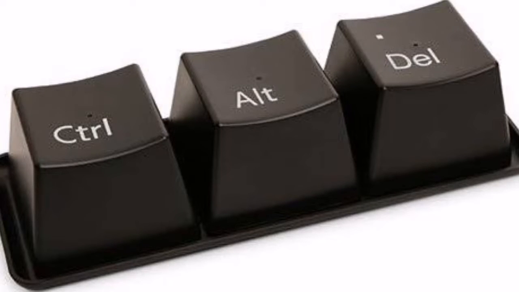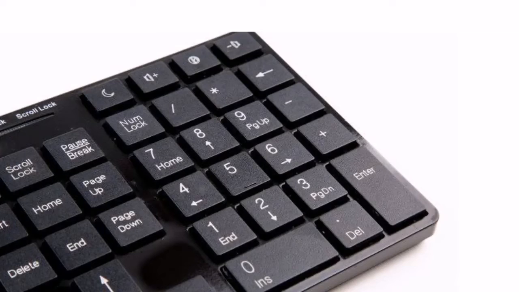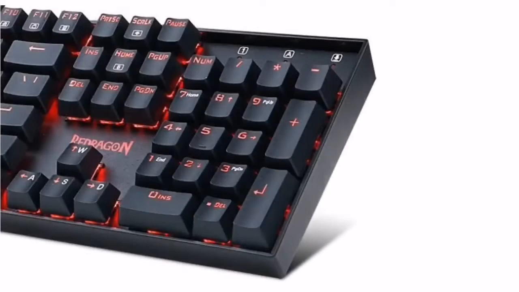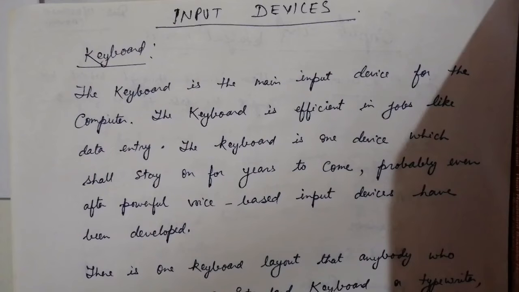These are all keys, and function keys also, from F1 to F12. The keyboard also contains one numpad at the right hand side, where numbers are written. So this is keyboard.